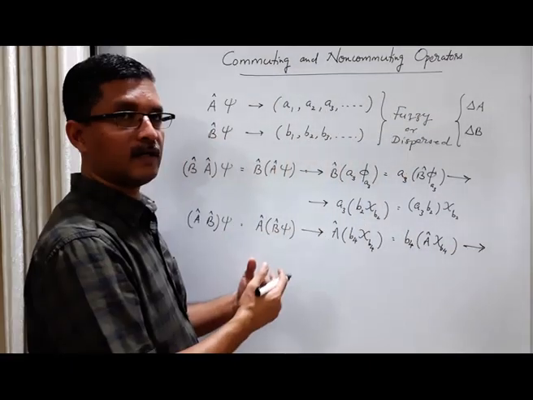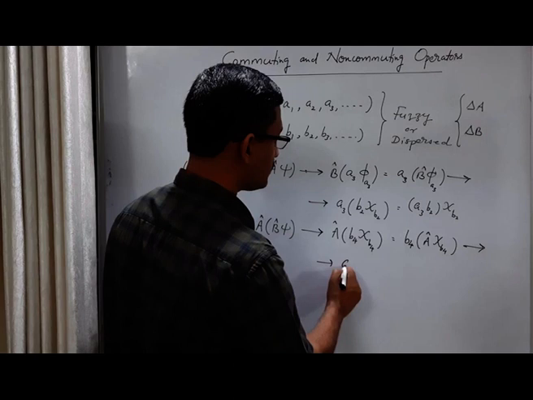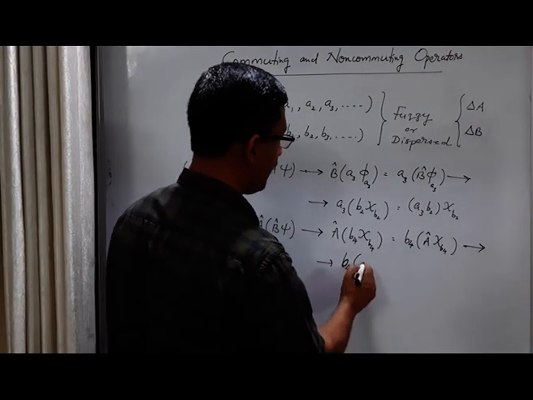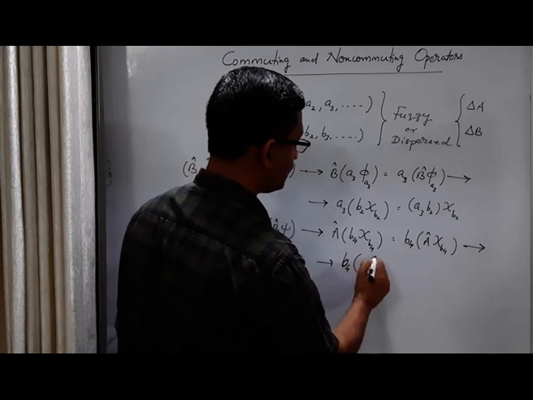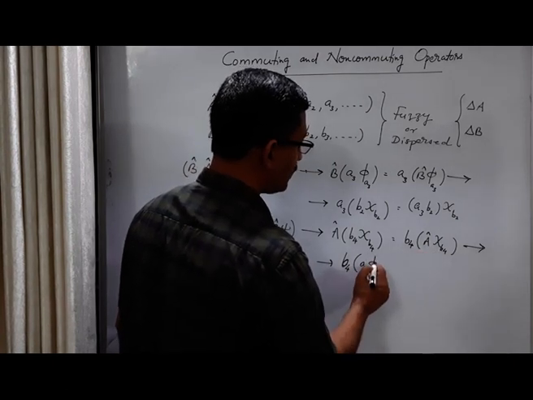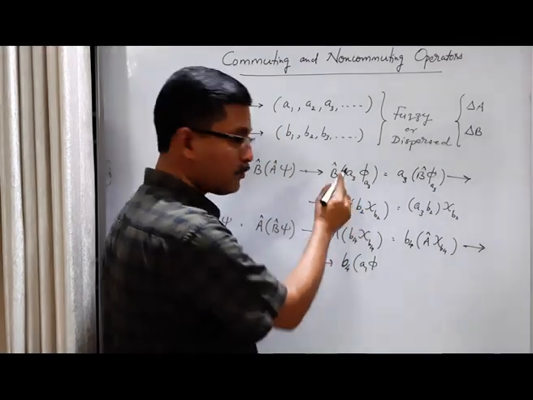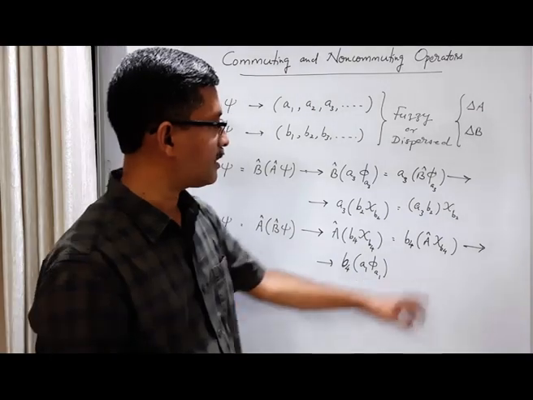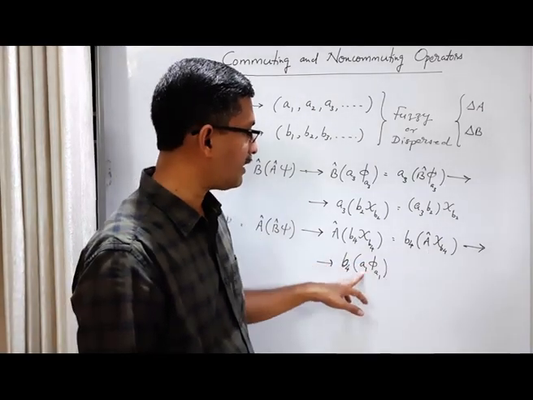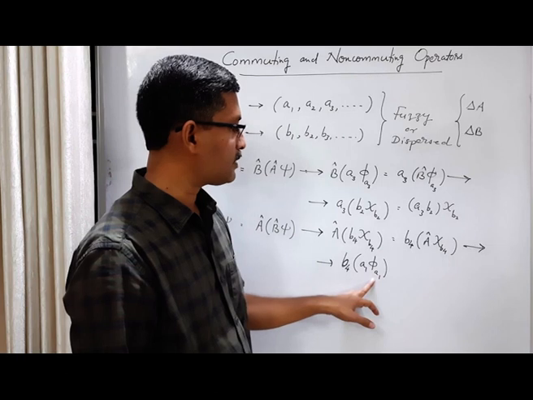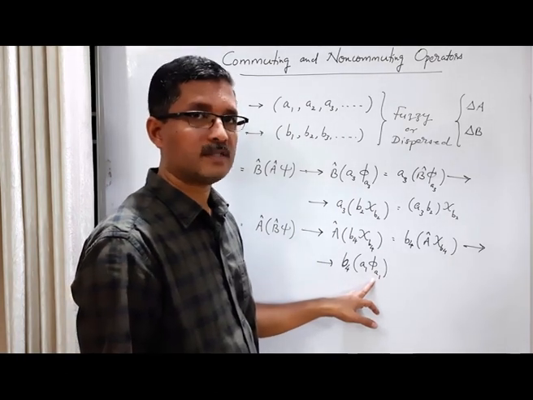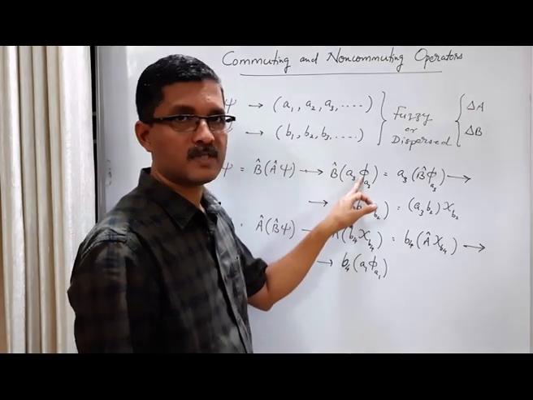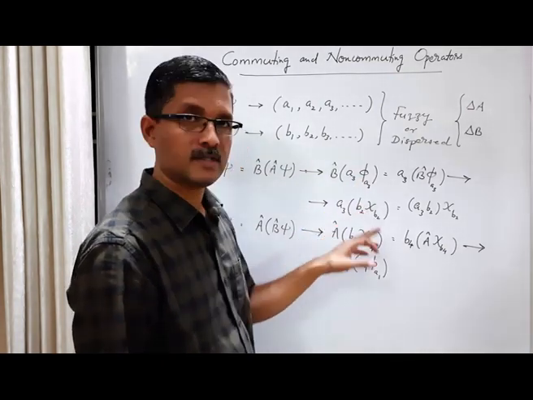We may get any eigenvalue of A. Let's say we get A1, and this general state collapses to the eigenstate of A, represented by phi, corresponding to the eigenvalue A1. From this general state, when we measure A, we get the eigenvalue A1, and the state collapses to the eigenstate of operator A corresponding to A1. In this discussion, eigenstates of A are represented by phi, eigenstates of B are represented by chi.